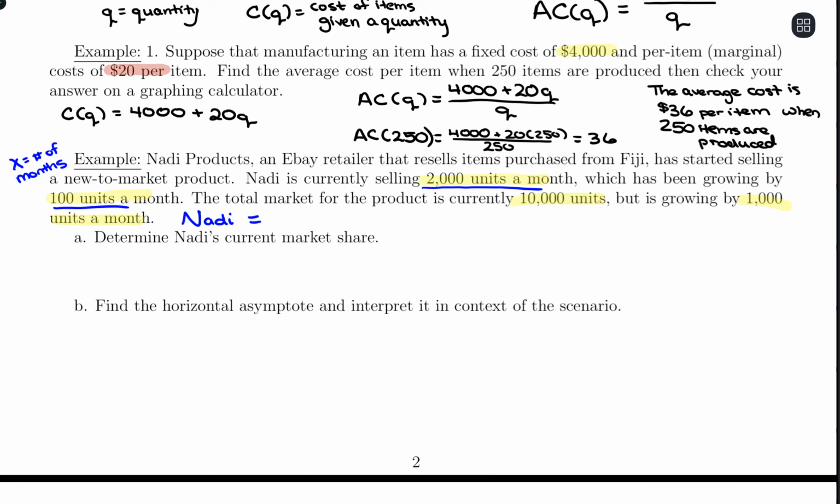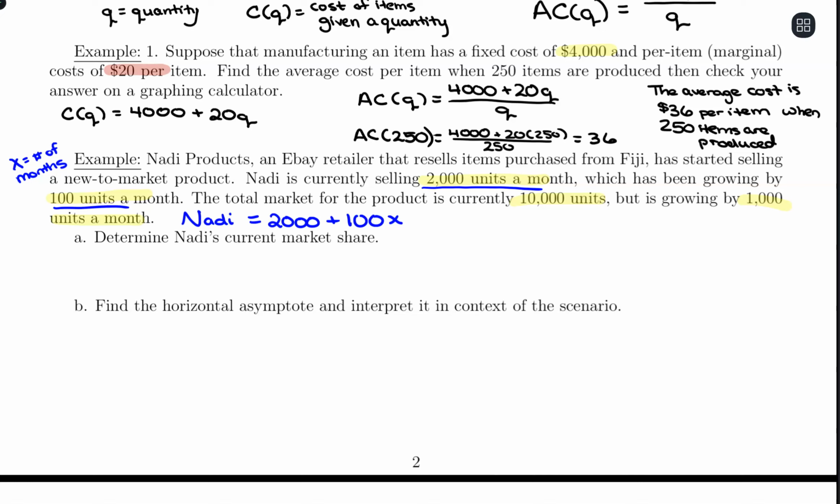So 2,000 units, and then it's changing by 100 units. So we have our fixed amount of units and then the change in units. So we're going to have that fixed amount of 2,000 plus the variable amount of 100, and then it's per month, so times X. So that company Naughty is operating at 2,000 plus 100 times X.